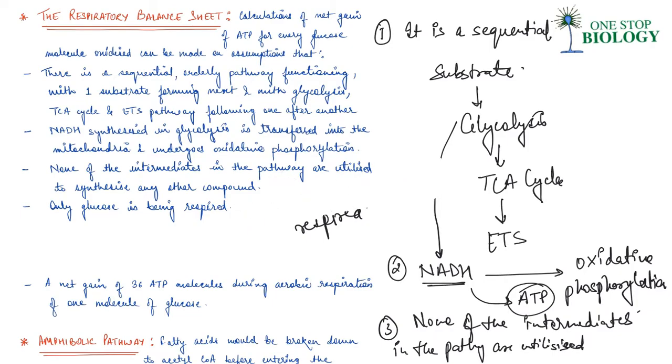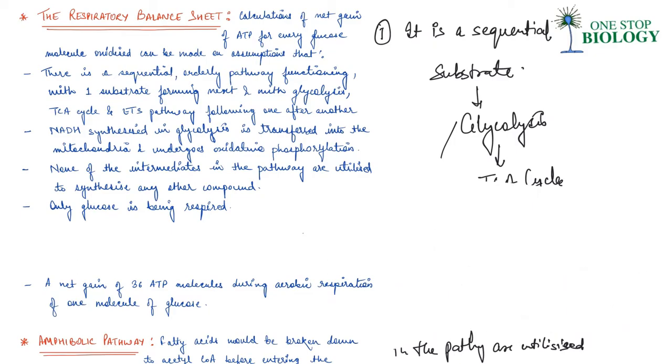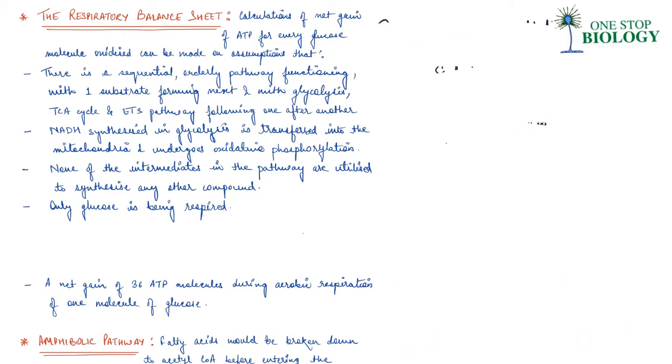Now let us understand what we understood about aerobic respiration. We also understood anaerobic respiration, which was through fermentation. If we talk about fermentation, fermentation accounts only for a partial breakdown.